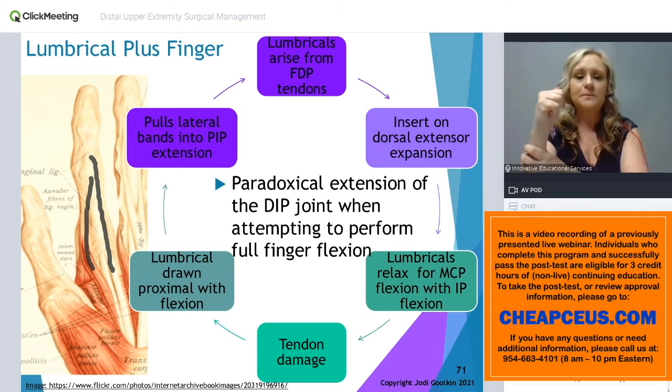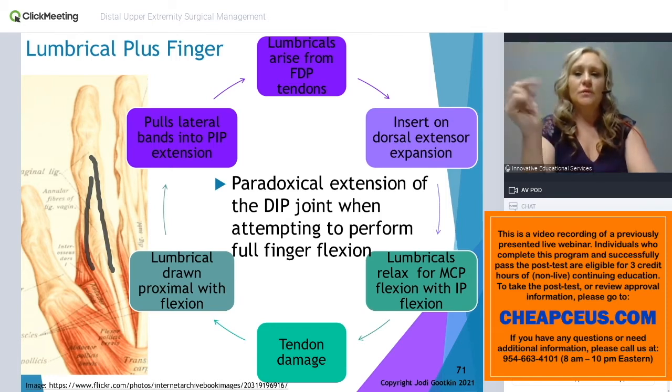So when the flexor digitorum profundus is flexing down, it triggers the lumbricals to relax so we can get full finger flexion. If someone has a rupture, so let's say you're rehabbing the patient and everything's going great, and then all of a sudden you start to notice that when you ask them to flex down, one of the fingers extends back out. So they're going to make a full fist, and one of them, the repaired finger, extends back out.